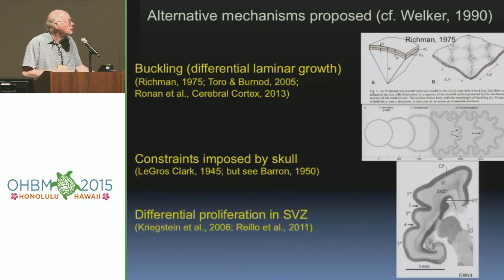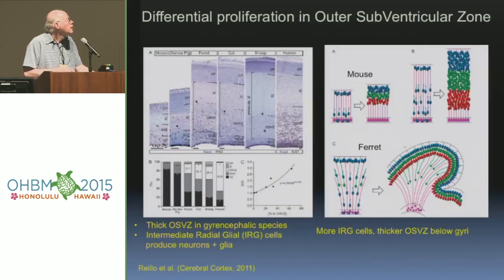A particularly intriguing one, I think, is that within the subventricular zone, there may be regions of differential proliferation, as proposed by Kriegstein et al. and Rilo et al. The reason for taking this very seriously is that various species that are gyrencephalic, including the ferret, cat, as well as human, have a greatly expanded outer subventricular zone compared to lissencephalic mice and other lissencephalic creatures.